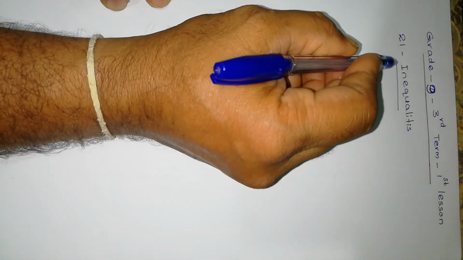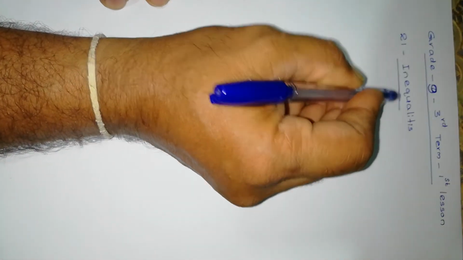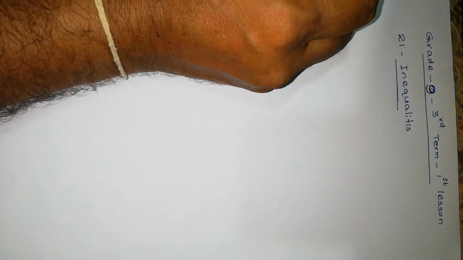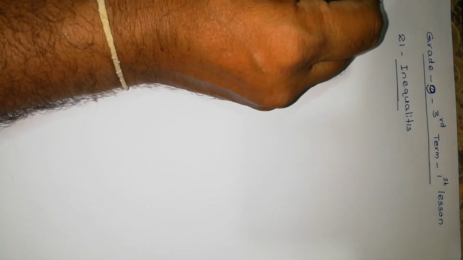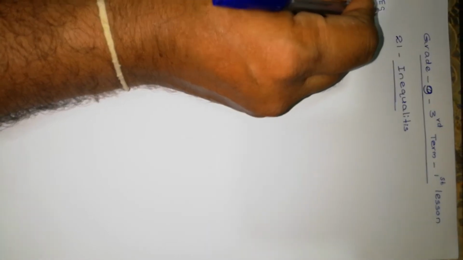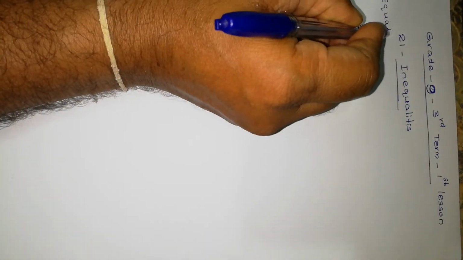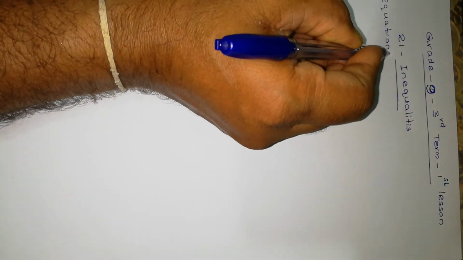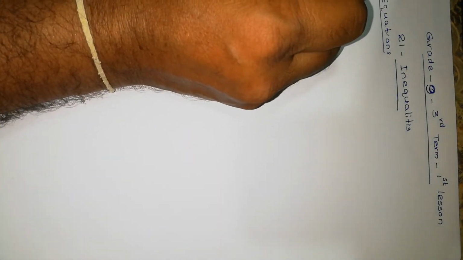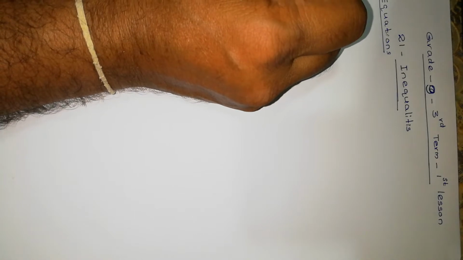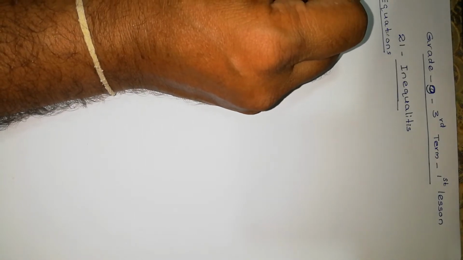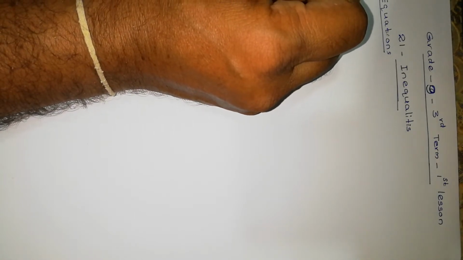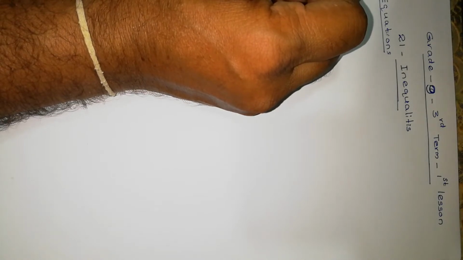To explain this lesson, let's discuss first about equations. What do we mean by equation? You can join two terms, or a term and an expression, or two expressions using an equal sign.